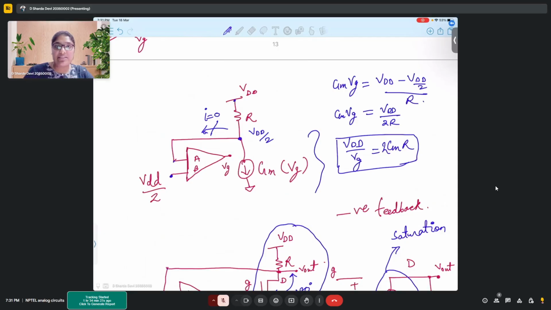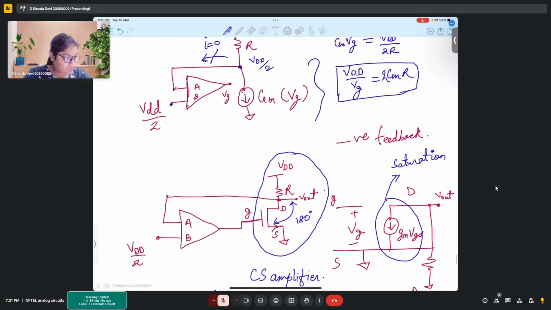If there is no other path, and you only have a path which is connecting the input of your op amp, then there won't be any current flow. It is always the case. Is this clear?